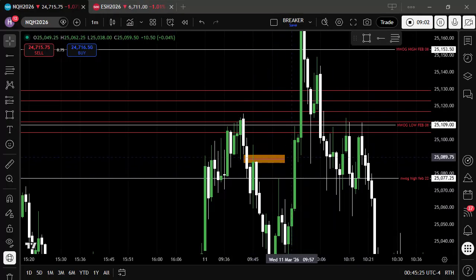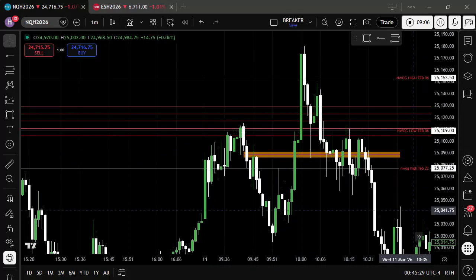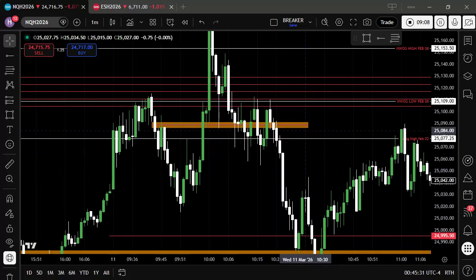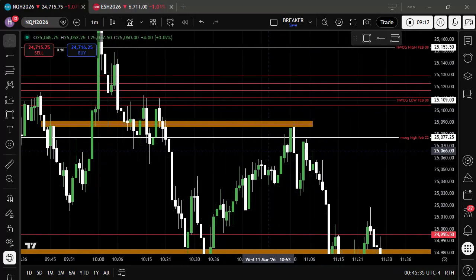So this is the first presented fair value gap here, and as you can see, it was used as a catalyst multiple times throughout the morning.